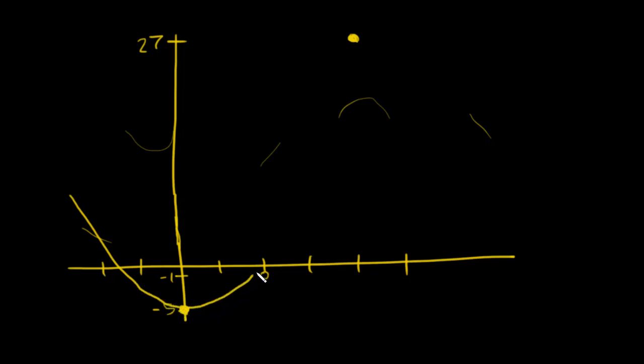Min, switches, assuming I can draw, and it does that. So this is always assuming I can draw, which I can't. Something like that, maybe. But the inflection point switch happened right here.